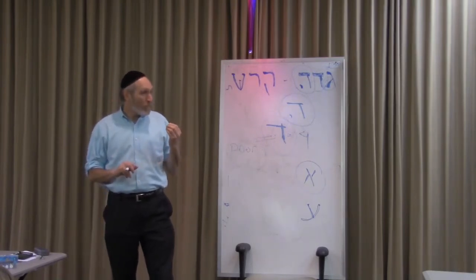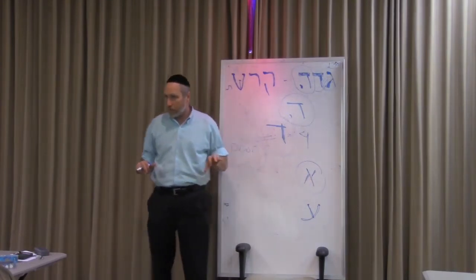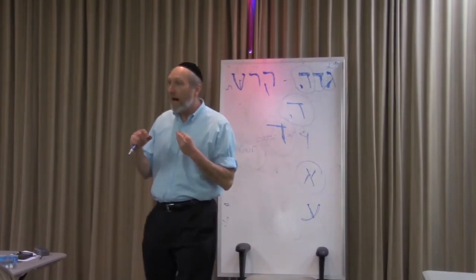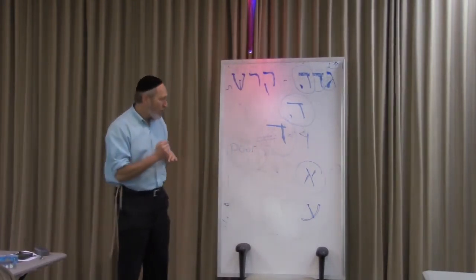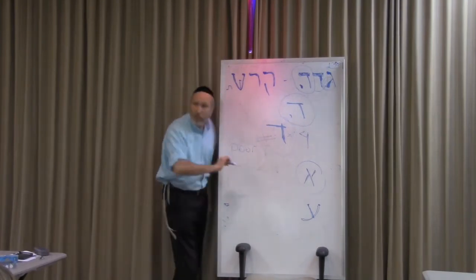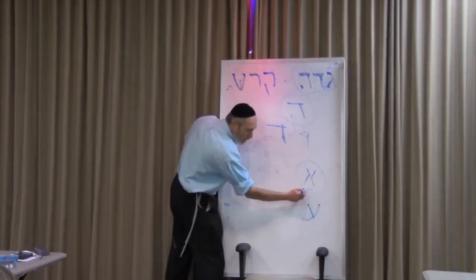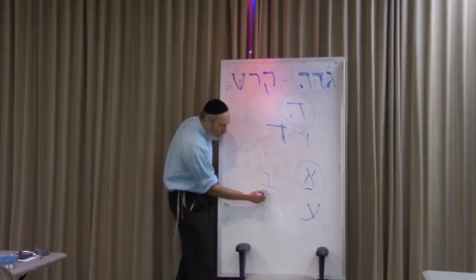So really, the aleph and the ayin are very similar sounds, but the ayin is a little more guttural, very slightly. Again, the aleph I said has no sound at all. If I put a patach, which makes the sound ah, under bet, it's ba.